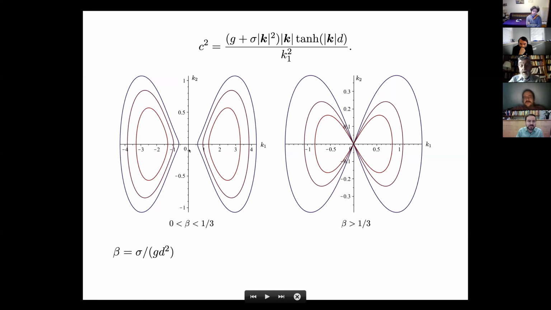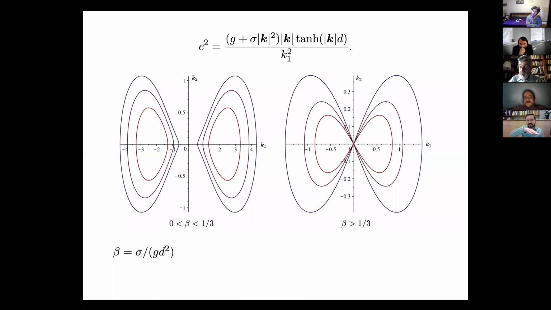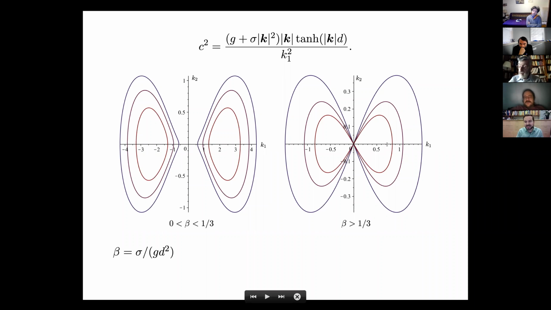If you're familiar with the 2D problem, the way to think about this is to look at the K1 axis. In the strong surface tension case, the wave speed as a function of the wave number is a monotonically increasing function, and so for each c, you only get one intersection. Whereas in the weak surface tension case, it will first go down and then up.